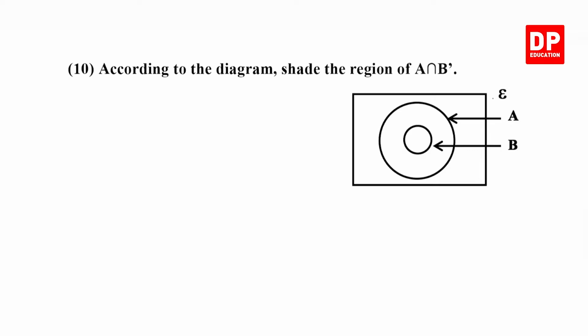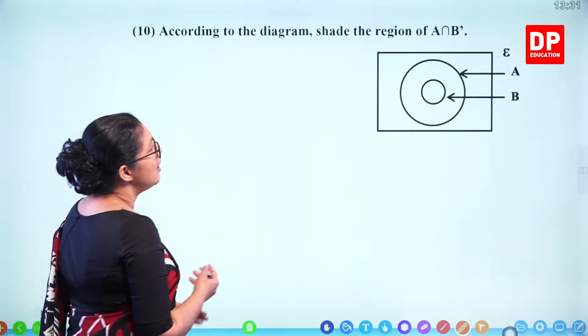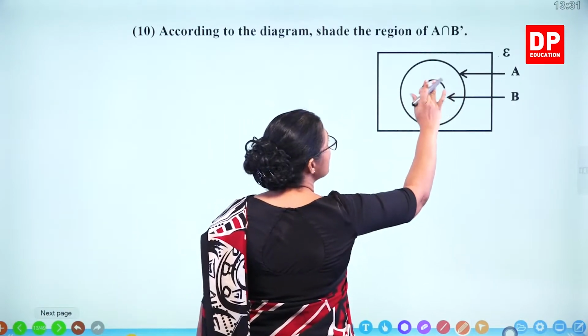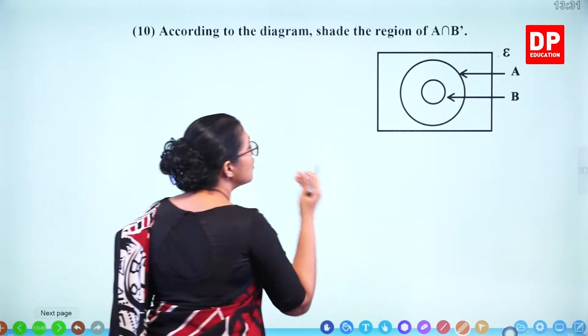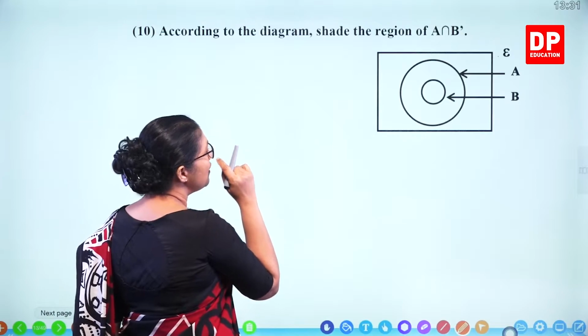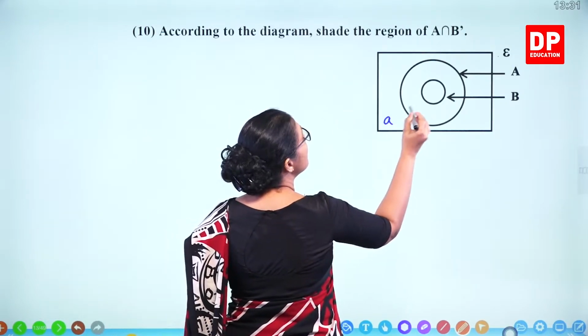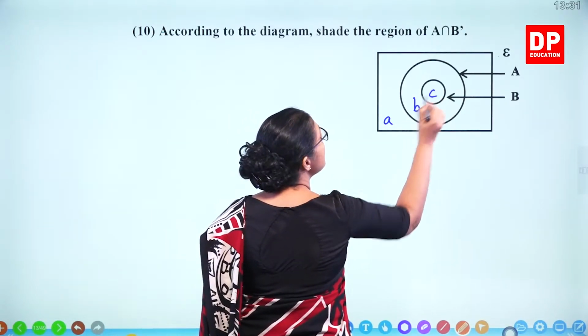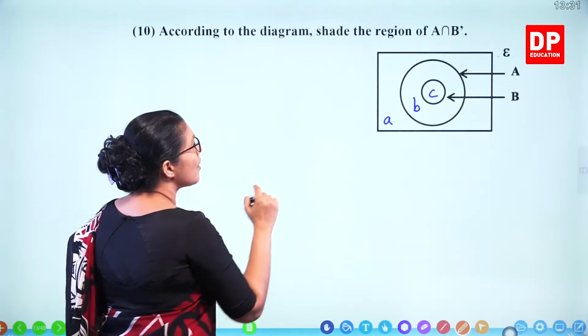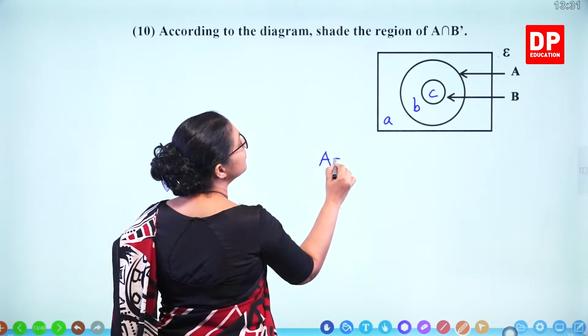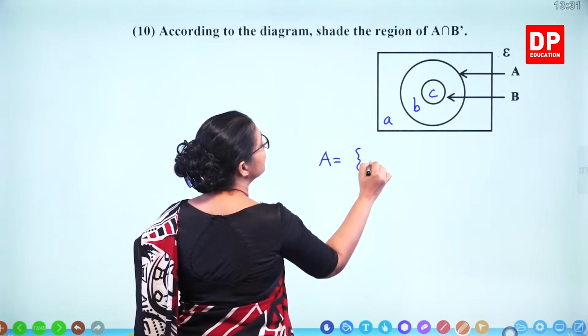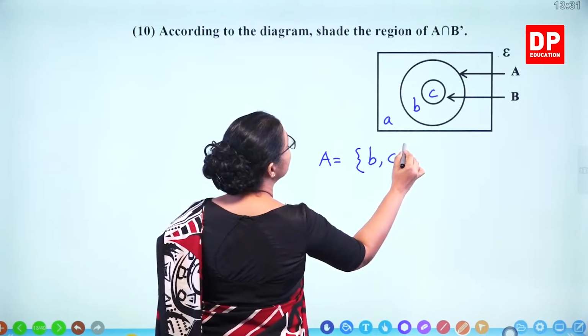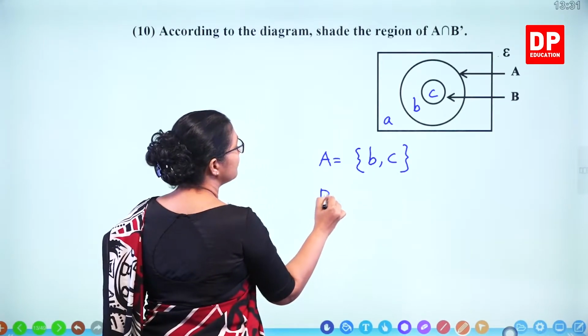Question number 10. A diagram is given. According to the diagram, shade the region of A intersection B dash. So how do you do that? We'll first write down: this is A, B, C. What's A? B and C. What's B dash?